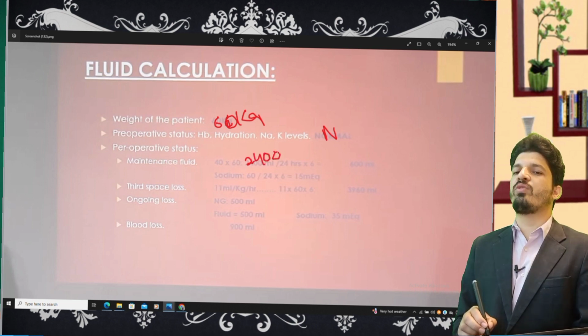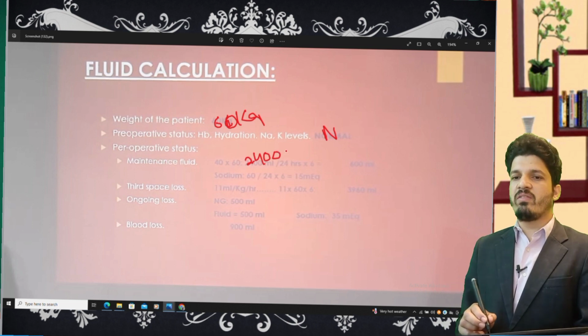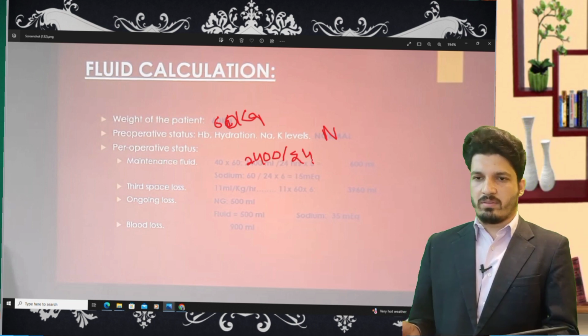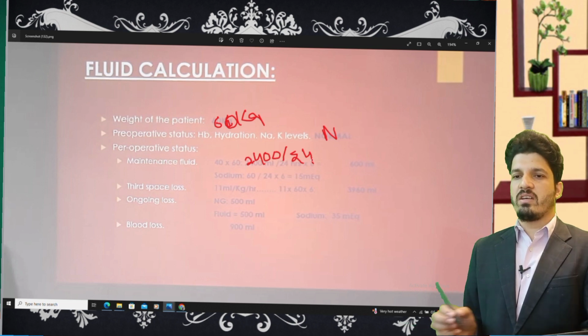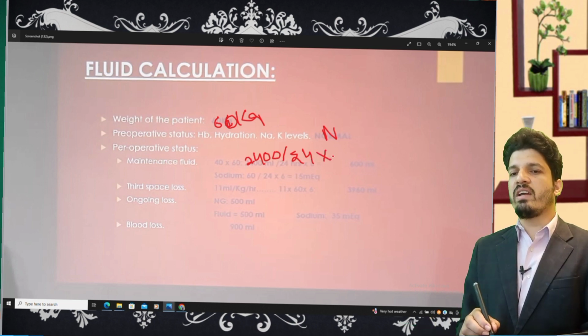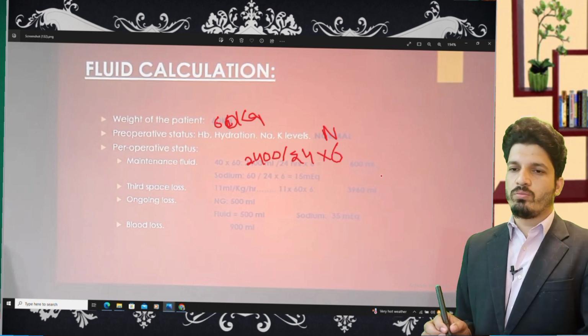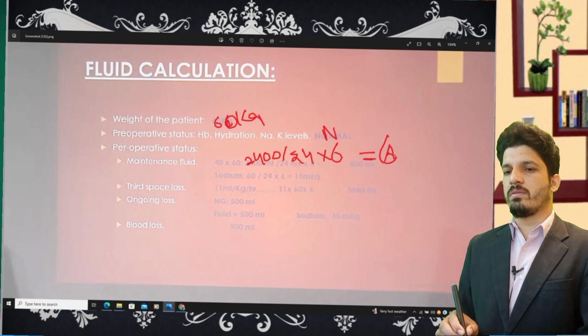Definitely this 2400 ml is for 24 hours, and we will divide this 2400 by 24 to calculate the fluids in 1 hour. As the operative time was 6 hours, we will multiply it by 6, so it will become almost 600.